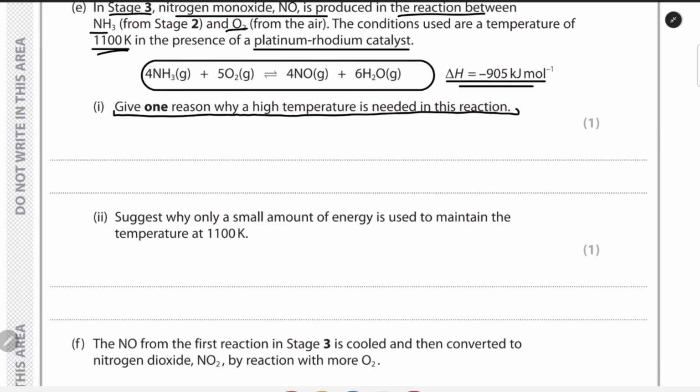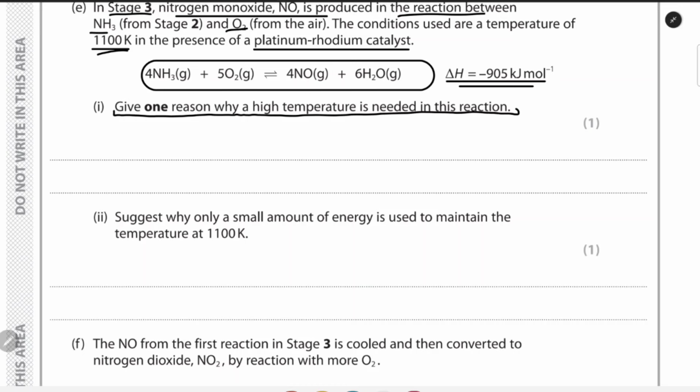We cannot talk about the equilibrium over here since a higher temperature will shift the equilibrium to the left, which would actually be a disadvantage. We have to give a reason why this is needed. If a case of exothermic reaction is given and we are told that high temperature is needed, it's always going to be about rate.